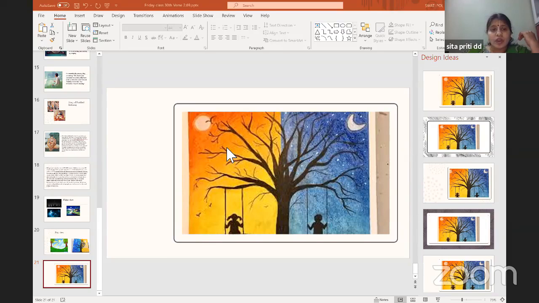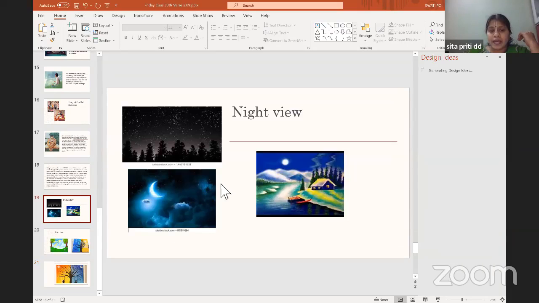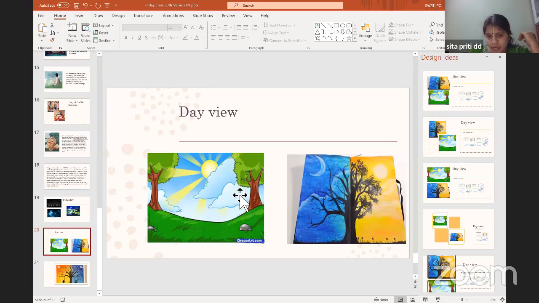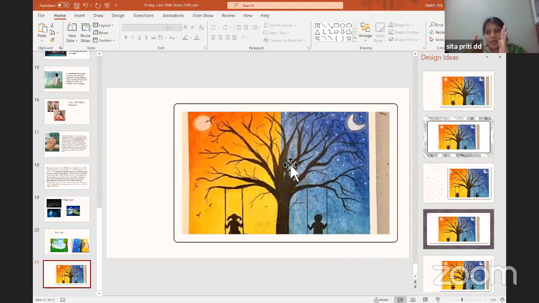Okay, Mataji. So we gave you two options. Either you can draw a complete night sky, and on a second paper draw a complete daytime sky, or you can draw on the same paper, divide it into half, and draw a night sky and a day sky. But remember, for that, everybody eyes and ears on me.